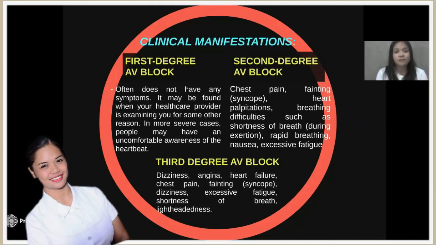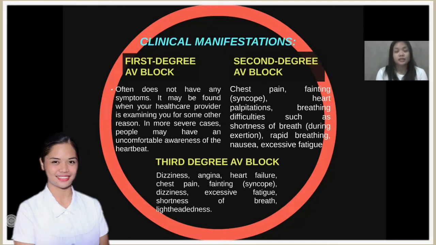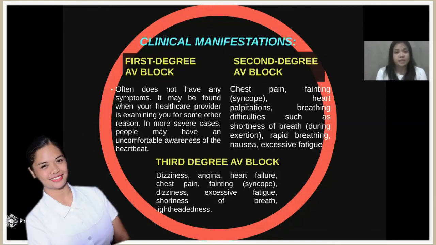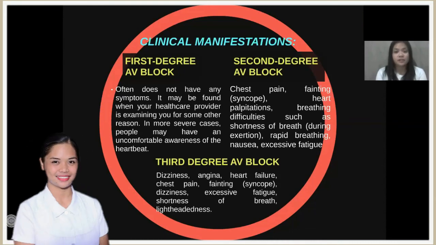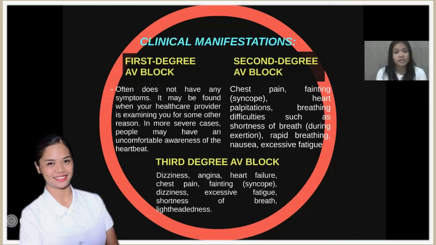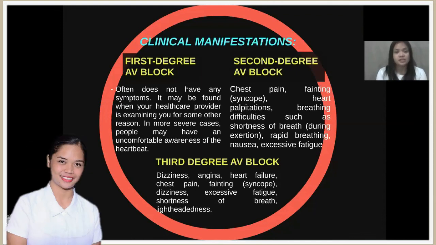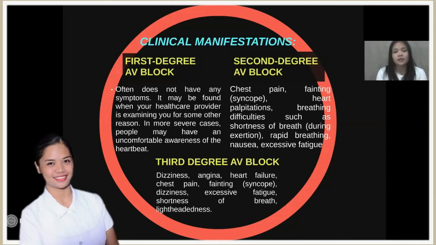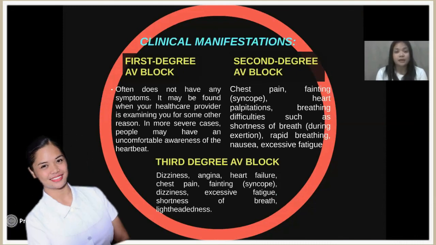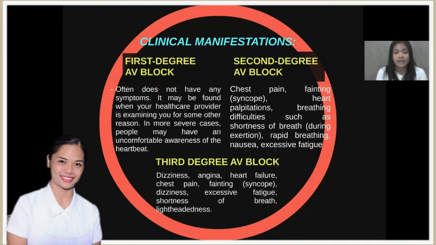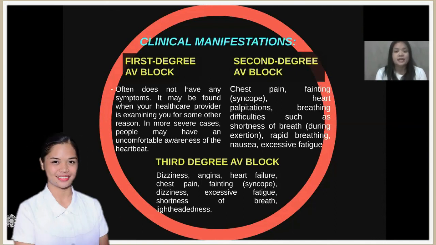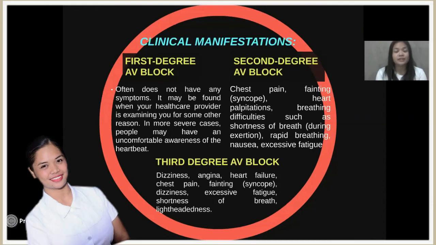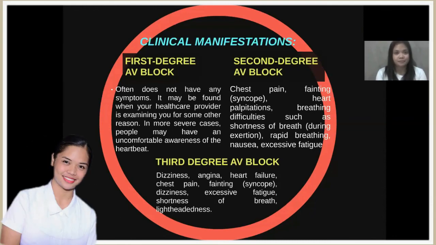In the second-degree AV block, the clinical manifestations are chest pain, fainting or syncope, heart palpitations, breathing difficulties such as shortness of breath during exertion, rapid breathing, nausea, and excessive fatigue. In the third-degree AV block, the clinical manifestations are dizziness, angina, heart failure, chest pain, fainting or syncope, excessive fatigue, shortness of breath, and lightheadedness.